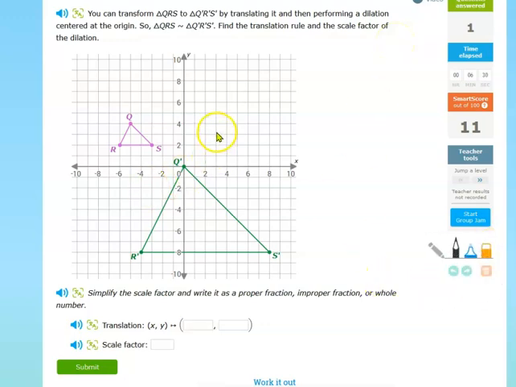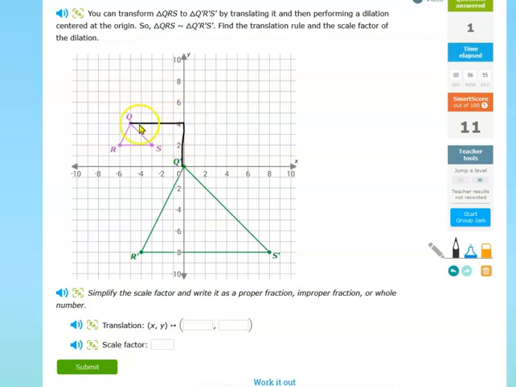Well, we start by looking at the origin and looking at what letter we see at the origin. We see Q prime, so that tells us that we are going to be mapping the Q's. So we're going to go from Q over till we get on the same grid line as Q prime, and then we're going to go down until we get to Q prime, and then we're going to write out these directions using our XY notation.